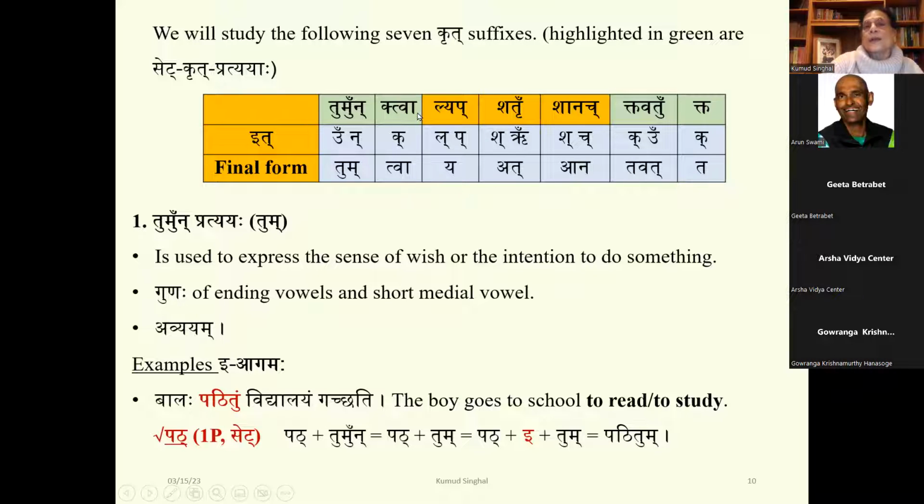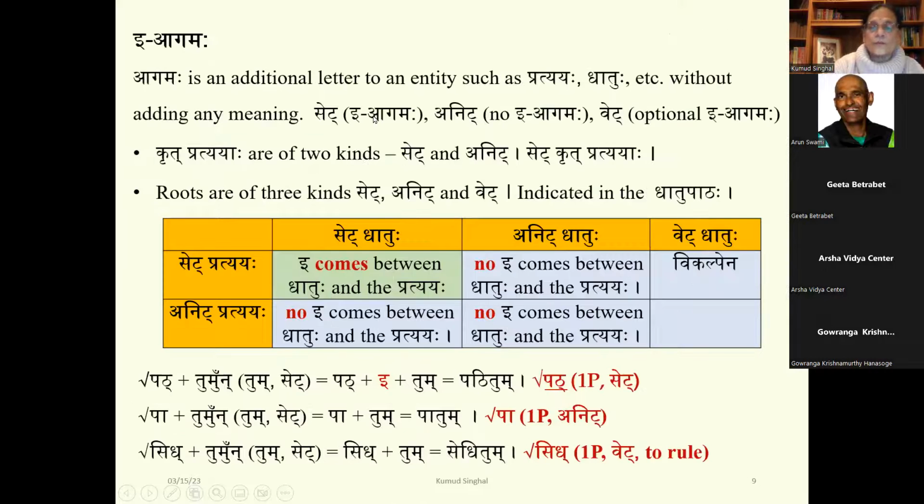So tumun, ktva, tavatu, and ta are the set pratyayas. And lyap, shatr, and shanach are your anit pratyayas. So if you add a tumun pratyaya to a dhatu which is set, then e will enter. So let's go back to the previous one.